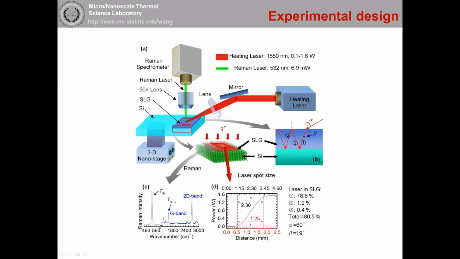Interestingly, one time you receive two Raman spectra. One is from the single layer graphene. The other one, because graphene is very thin and transparent, is the signal from the silicon.